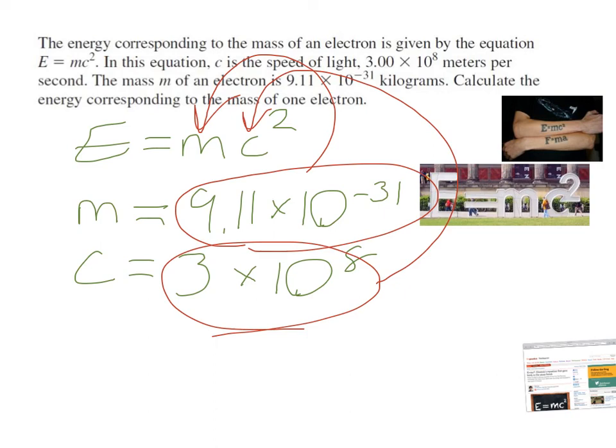State your answer in true scientific notation, and you will have found exactly what the problem is asking: the energy corresponding to the mass of one electron. Congratulations, you have effectively used E equals mc squared, quite possibly the most famous formula that has ever been written. Very, very important.